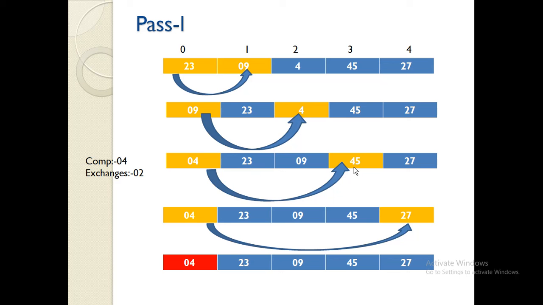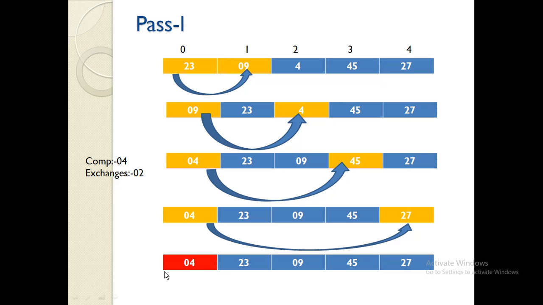There is no need of shifting here because 4 is already smaller. In the next iteration, the first element is compared with the fifth element, 4 and 27. Again there is no need of shifting because 4 is already smaller and 27 is larger. So at the end of the first pass, the smallest element of the array is placed at the first position in selection sort.